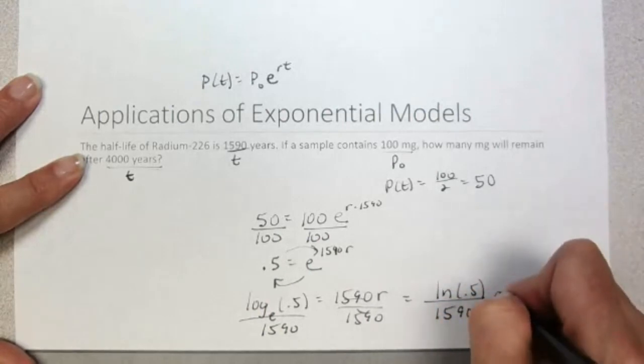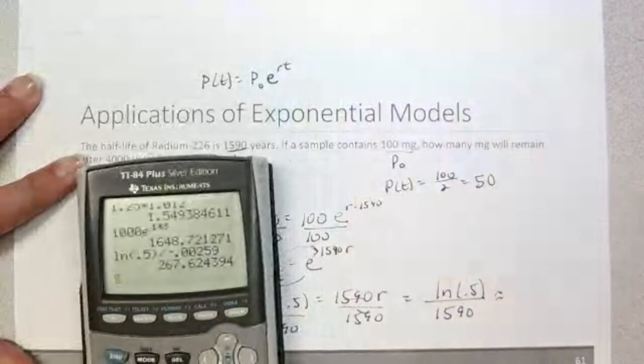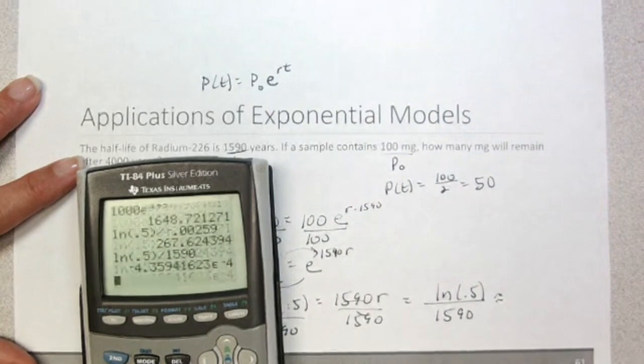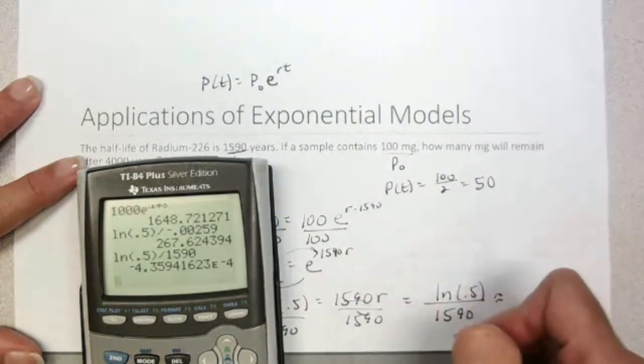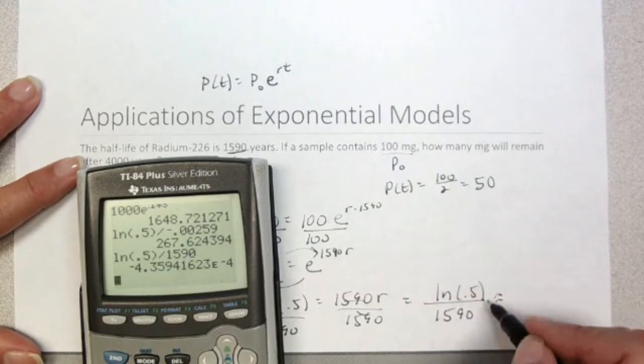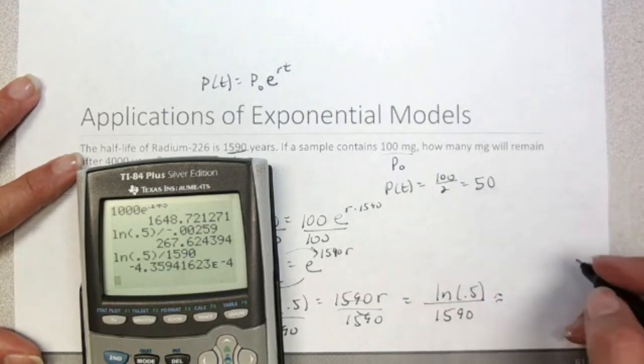Let's approximate that. Let's see if we can get a decimal. Natural log of 0.5 divided by 1590. Ooh, look at that small number. Now I could use the exact expression for the exact value, but let's see what that number is.